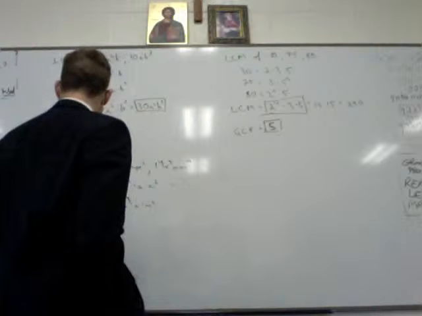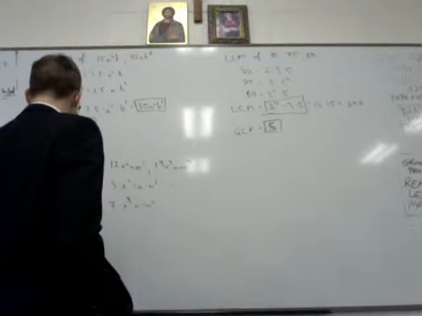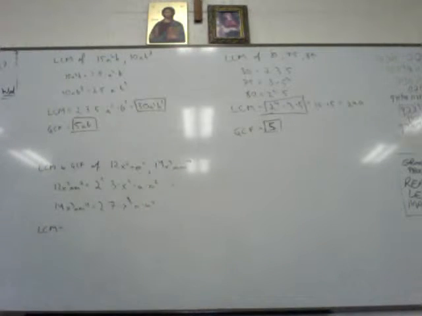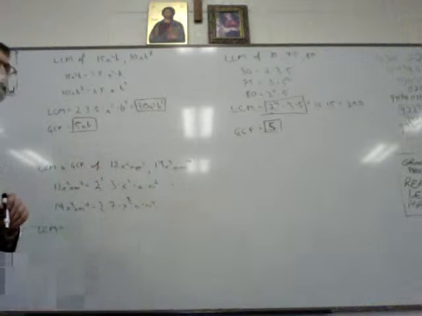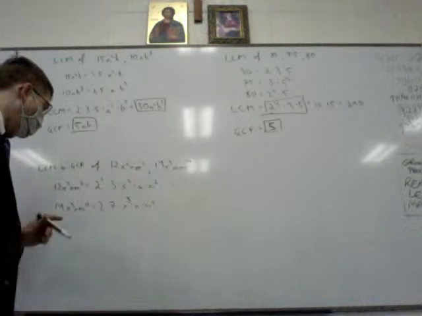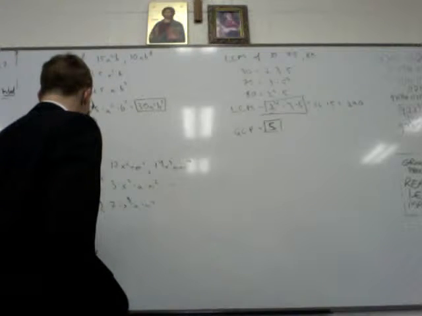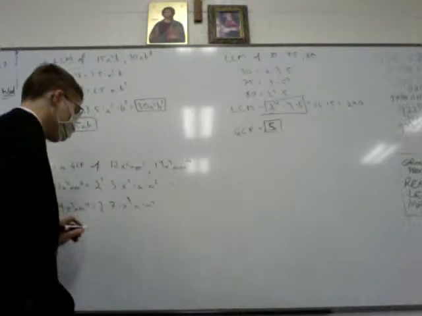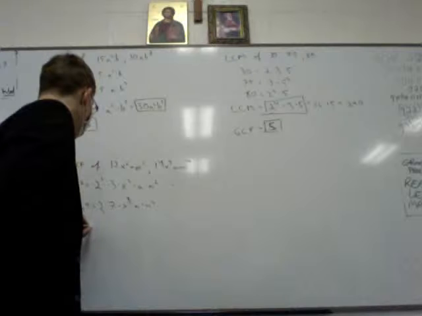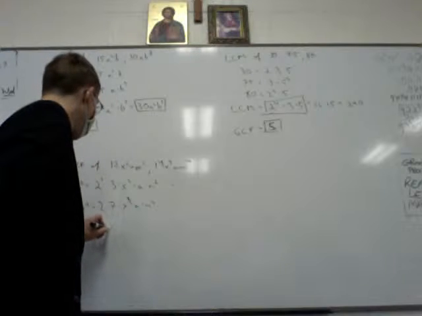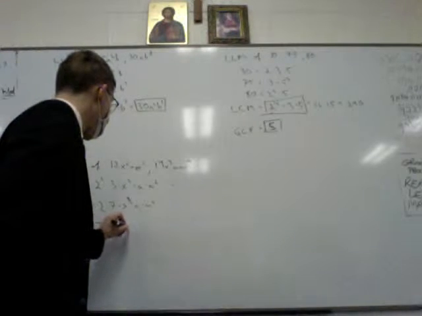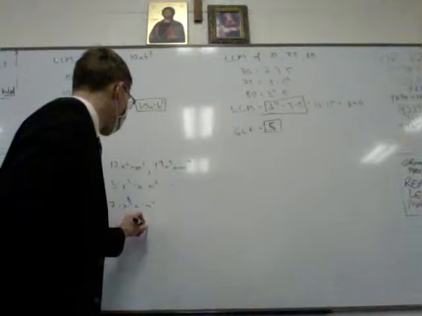Okay, so the least common multiple is what? Remember, the least common multiple needs to have every single one of these terms represented. 2 squared times 3 times 7 times x cubed times a times m to the fourth. What will that give us?